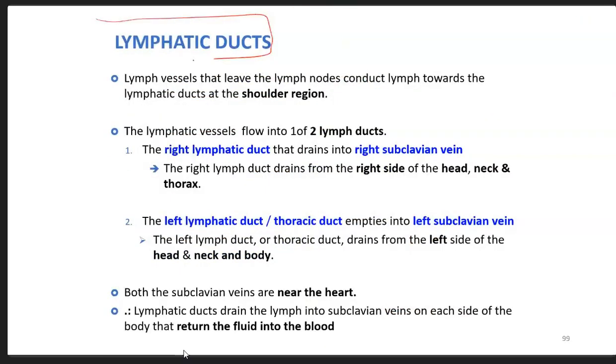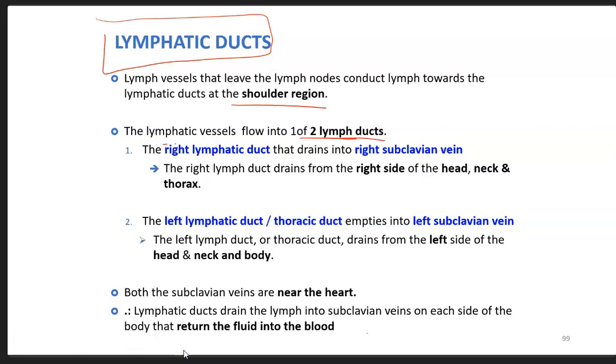Next is the lymph ducts. So lymph vessels that leave the lymph nodes conduct lymph towards lymphatic ducts at the shoulder region. Bahagian yang shoulder yang saya explain tadi tu, kan. So the lymphatic vessels flow into one of the two lymphatic ducts.